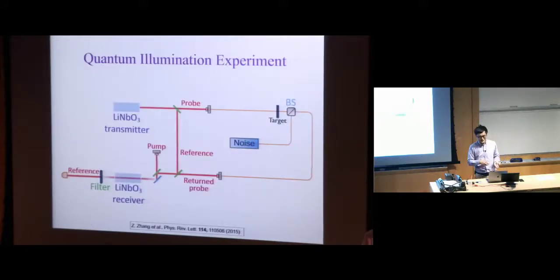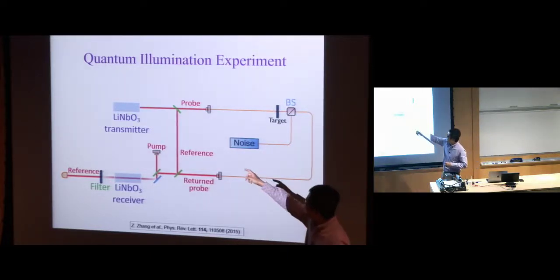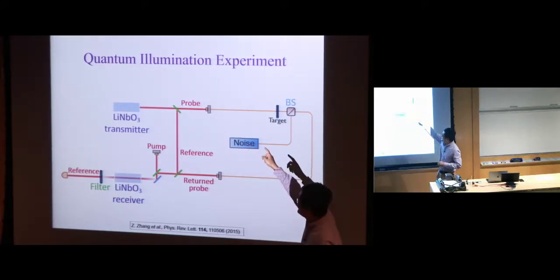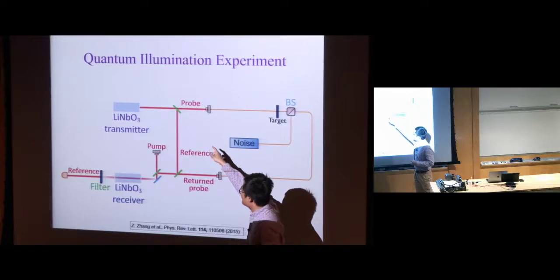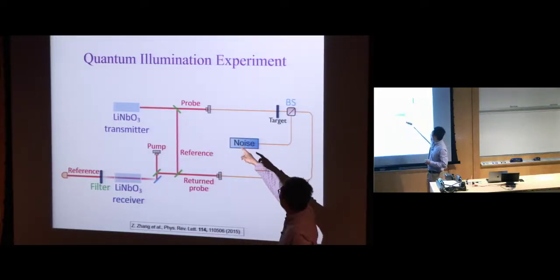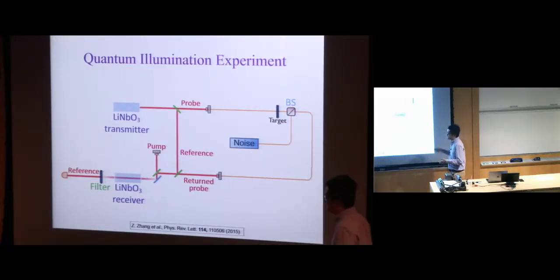So now let's come back to the experiment, which this slide is for most people in this room. You have a quantum illumination experiment. You have an entanglement transmitter, which is going to produce an entangled probe and reference, and your probe would interrogate the target. But in the meantime, you have noise injected by your environment.